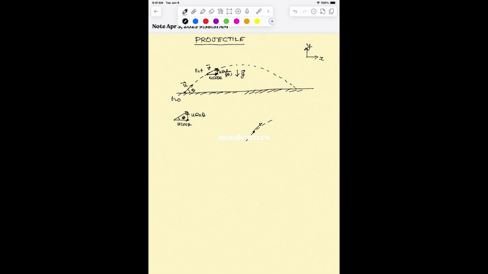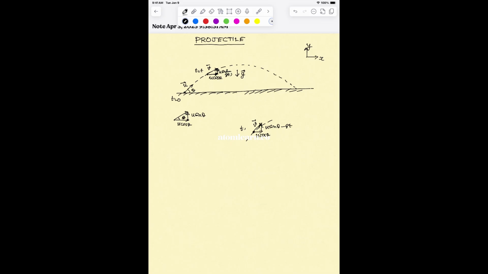That is the direction of motion at that particular point, instantaneous motion, and the velocity vector there is v at time t. The v has a horizontal component which remains constant, same as the initial component, plus the vertical component, which is now u sin theta initial minus gt.